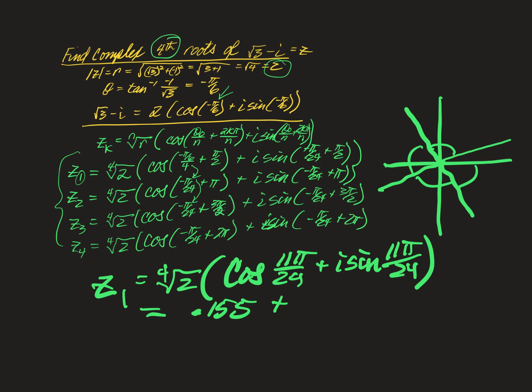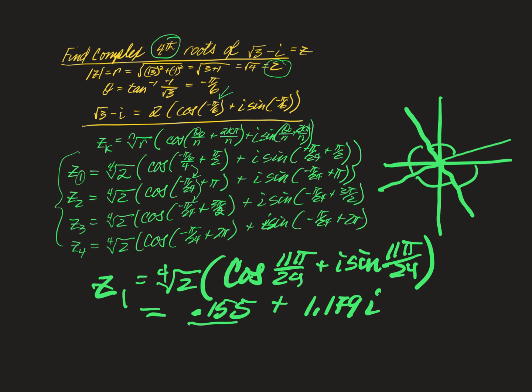the next part, which would be 2 to the 1/4 power sine of 11 pi divided by 24. And I multiply that, and that'd be plus 1.179i.